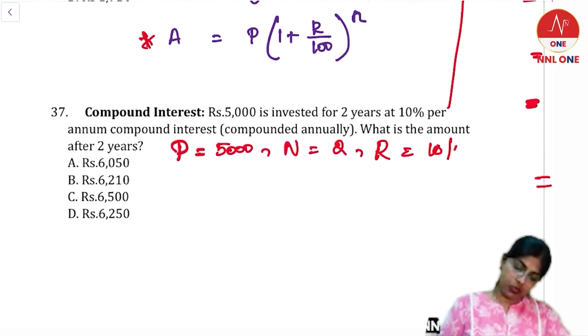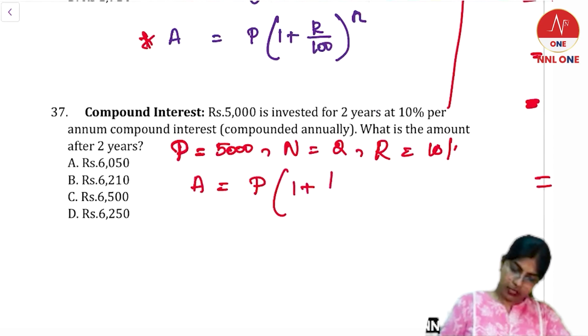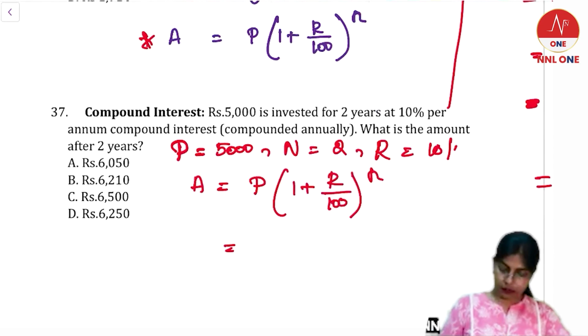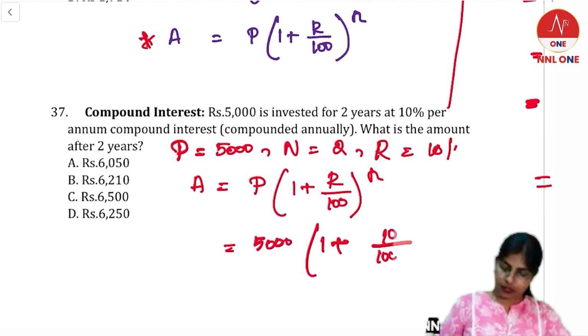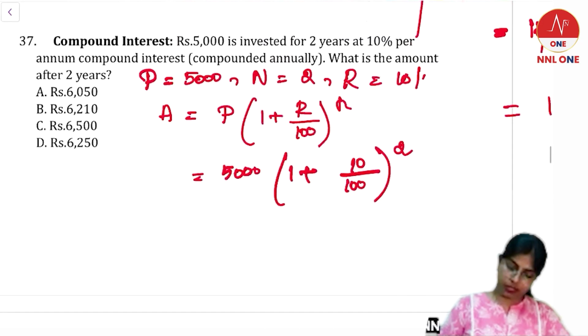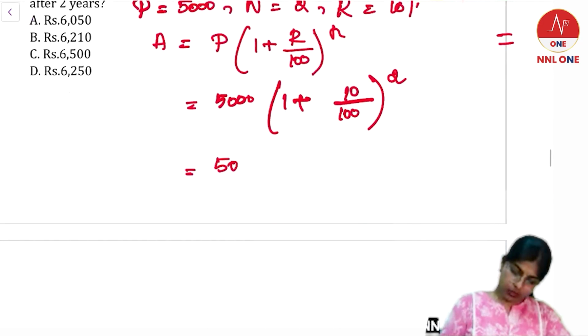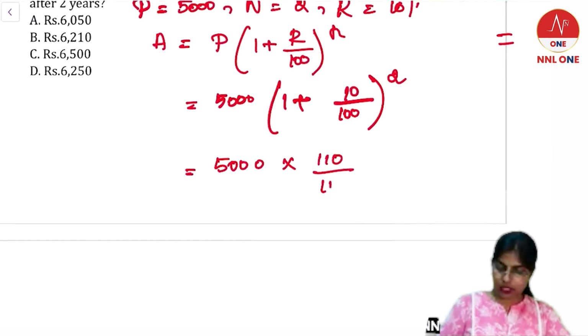Okay. So we are going to apply the formula. Amount is equal to P into 1 plus R by 100 the whole power n. What is the value of principal? It is 5,000. 1 plus, what is R? It is 10 by 100, the whole power 2, since the number of years is 2. So 5,000 into 110 by 100 into 110 by 100.